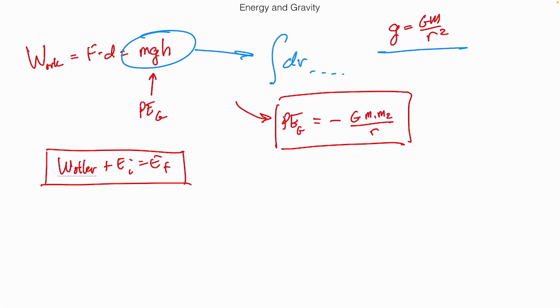Yes, I know. But unfortunately, we are not allowed to choose 0 for this one. Remember how it was a big feature when we were setting up conservation of energy problems? We had to do initial, we had to do final, and then we had to decide where our 0 was for gravitational potential energy. And we could put it wherever we wanted. That wasn't the issue.